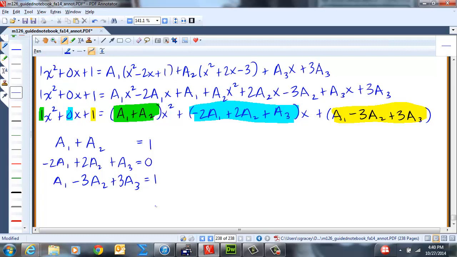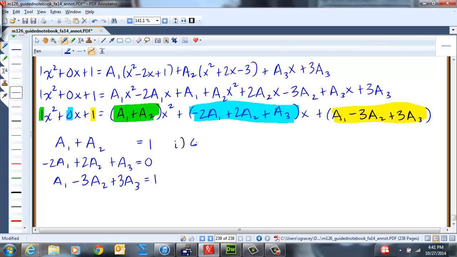We already have one equation in terms of A1 and A2. So let's do this. Let's go ahead and add the second and third equations, and our goal will be to eliminate A3. So we'll have to multiply the middle equation by 3.